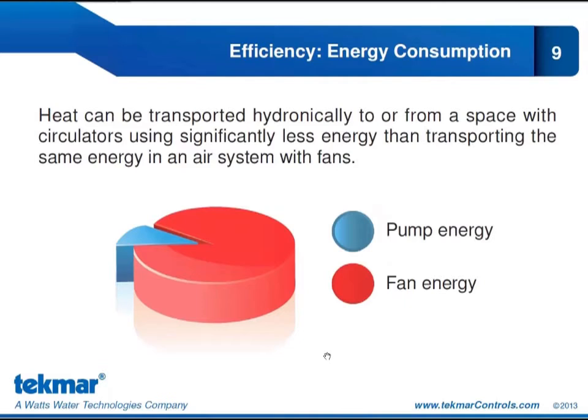So those two factors together really speak to how efficient it is to transport heat hydronically versus through a forced air system. Particularly when we talk about cooling, because peak cooling has become a bit of an issue in North America.